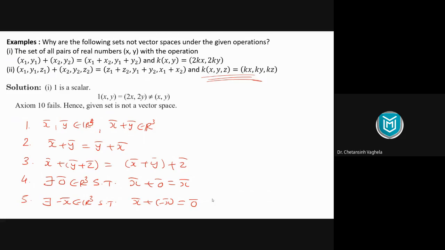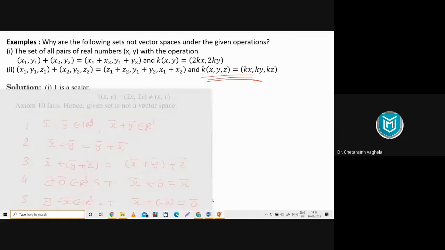Yes, anyone? Okay, again, Raj has given his vote to condition number 5. Okay. Anyone else?